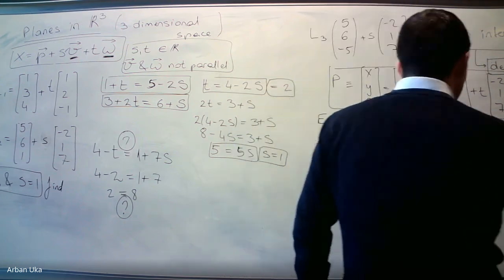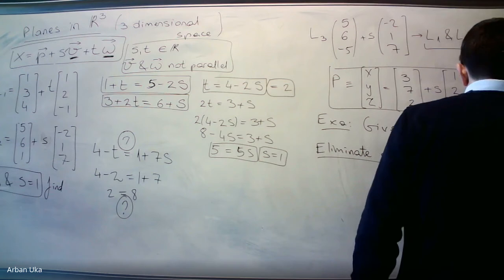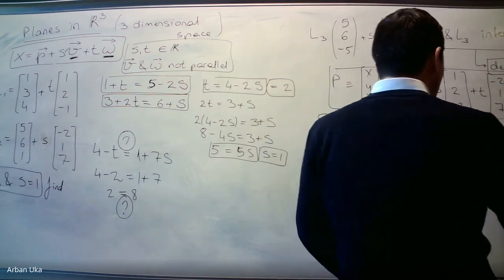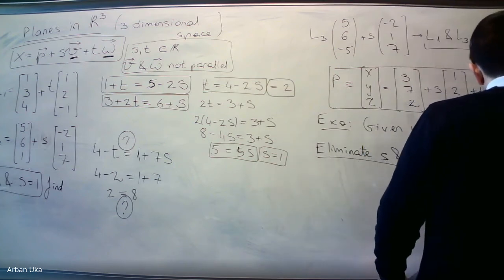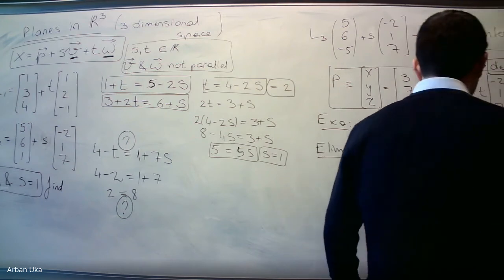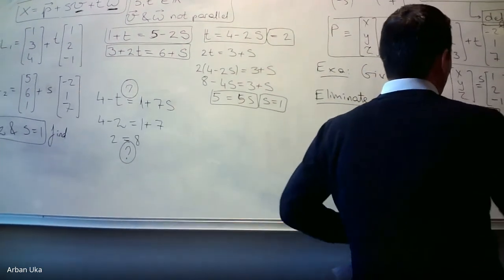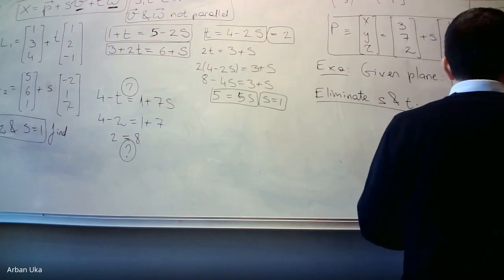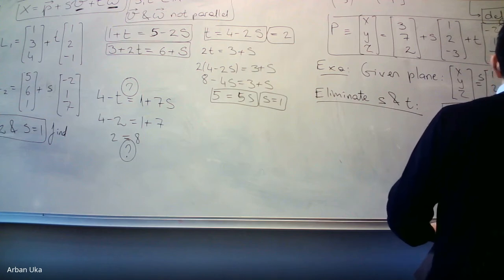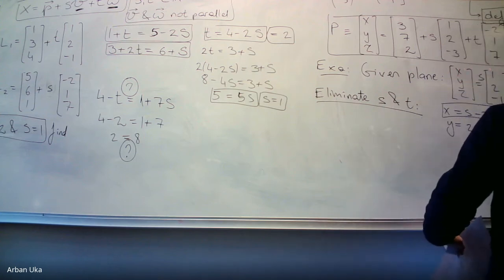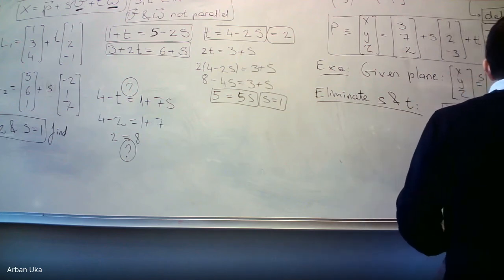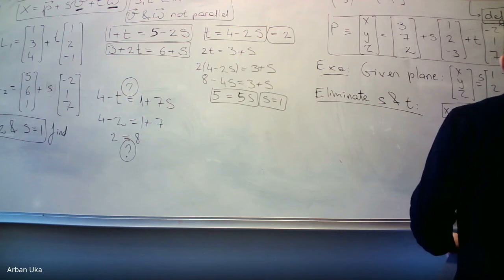From the first expression, we can use different tricks, so s would be equal to x plus 2t. And then we substitute this s here, and we get y equal to 2 times (x plus 2t) plus t. So y is equal to 2x plus 5t.